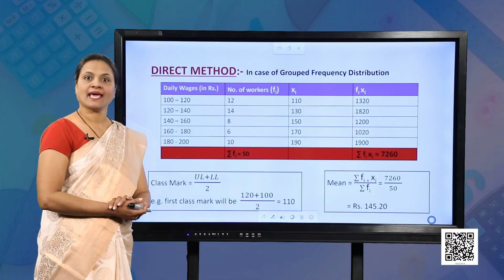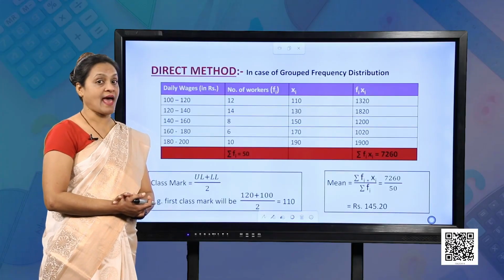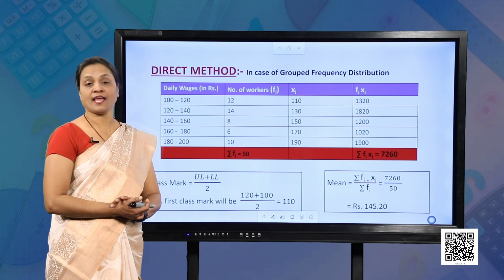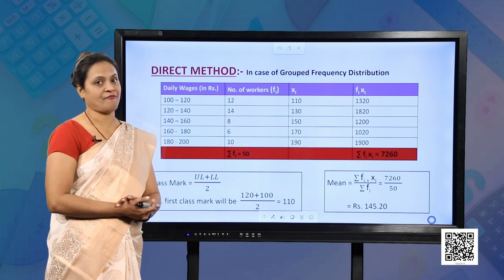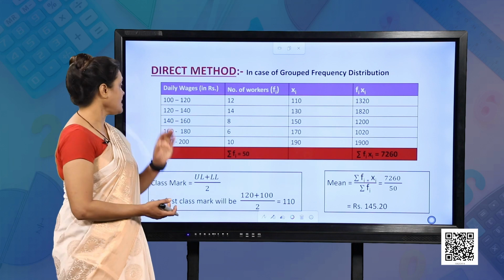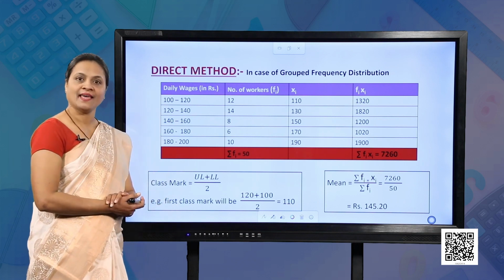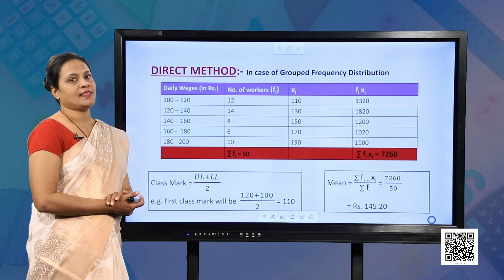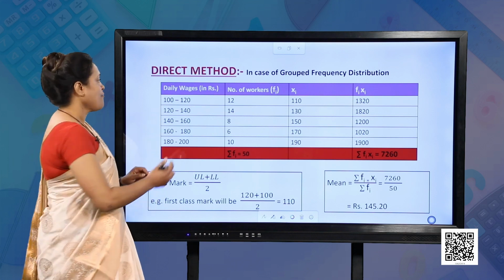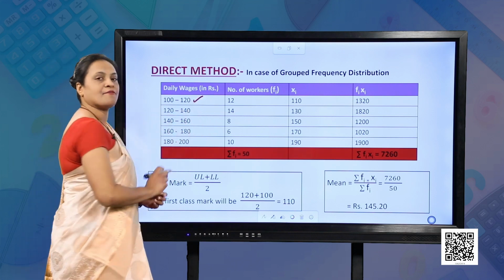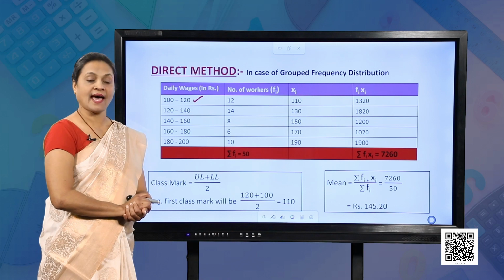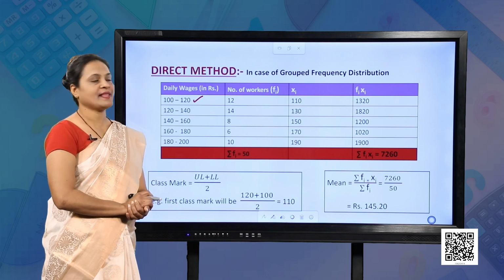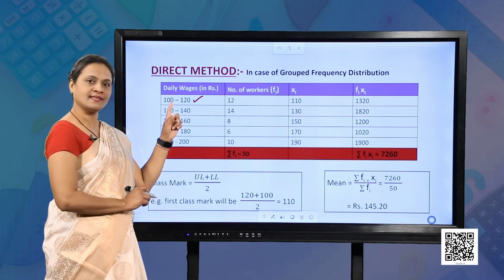Do you remember, in the direct method we have Xi and Fi and used to calculate the product Fi Xi. But in this case there is no Xi. Then how to do it? Here in this case, for each class interval we are going to find out Xi. This Xi will be the middle value of each class interval.